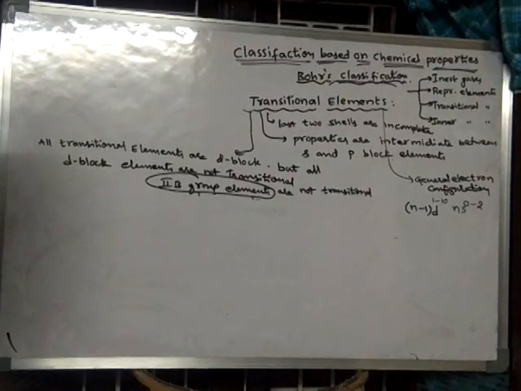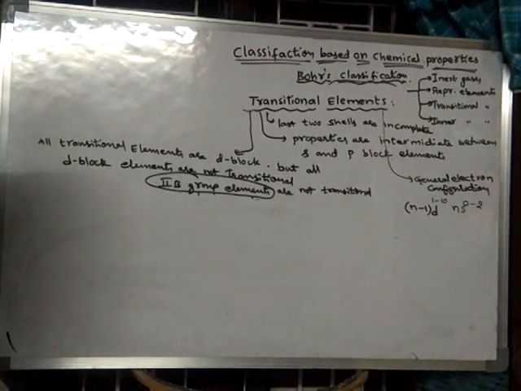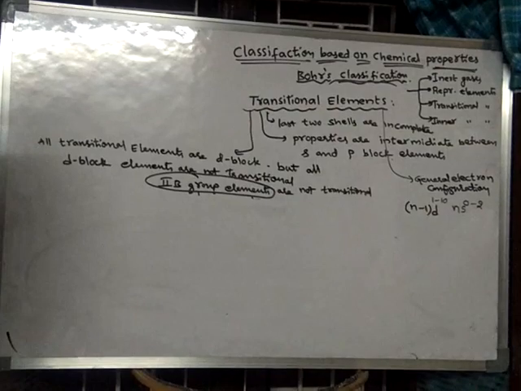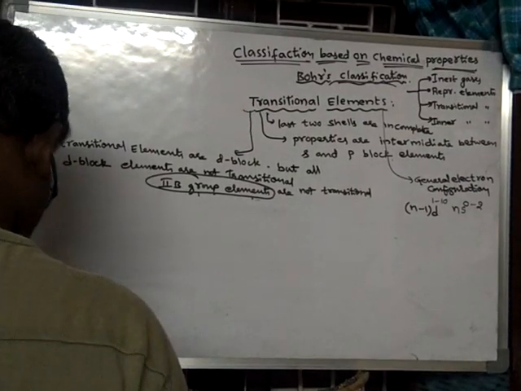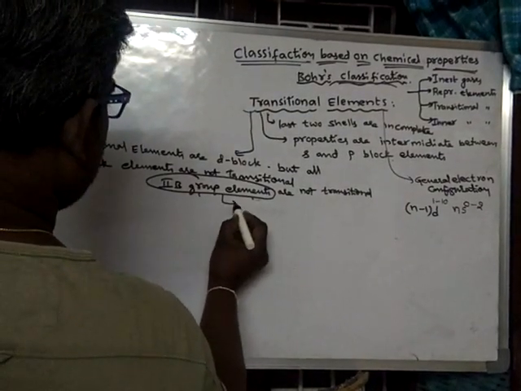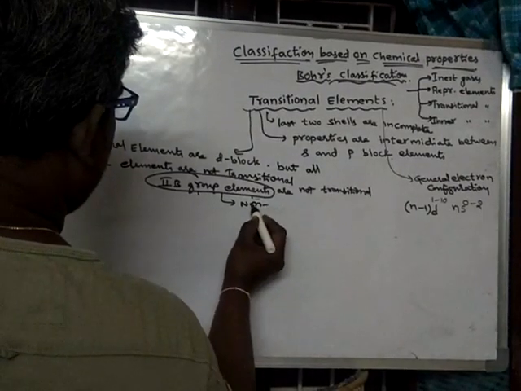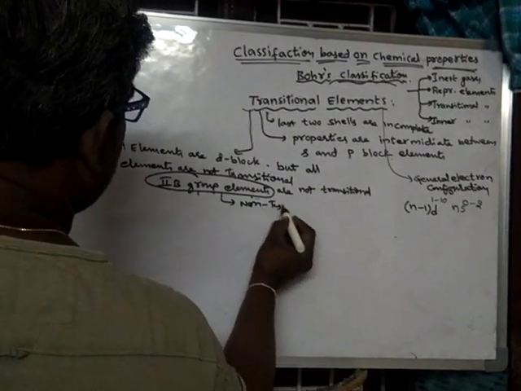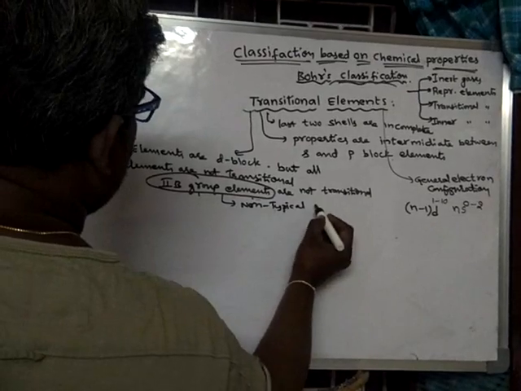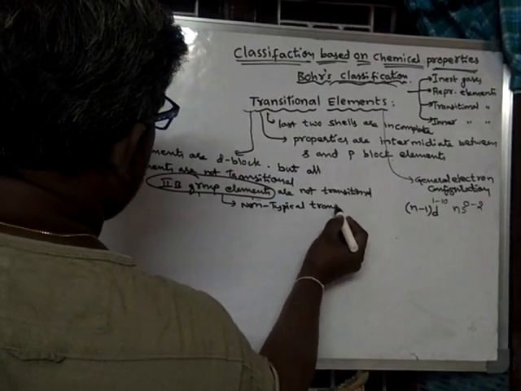See, the second B group elements are called non-typical transitional elements.